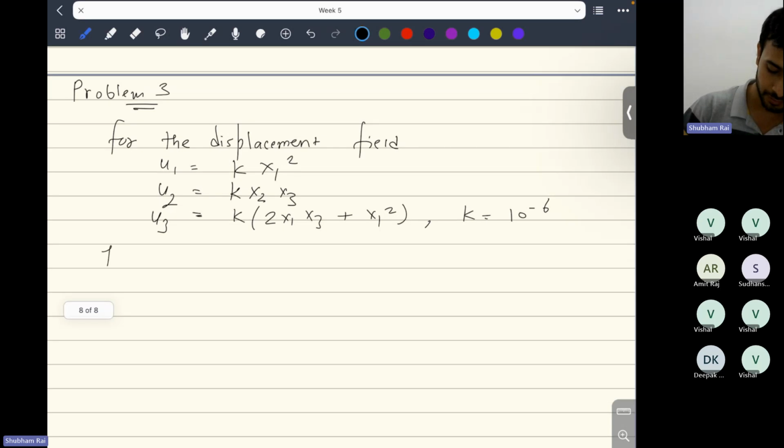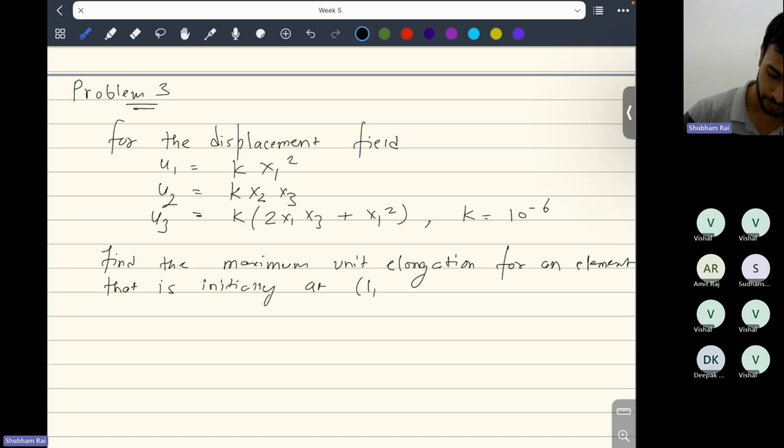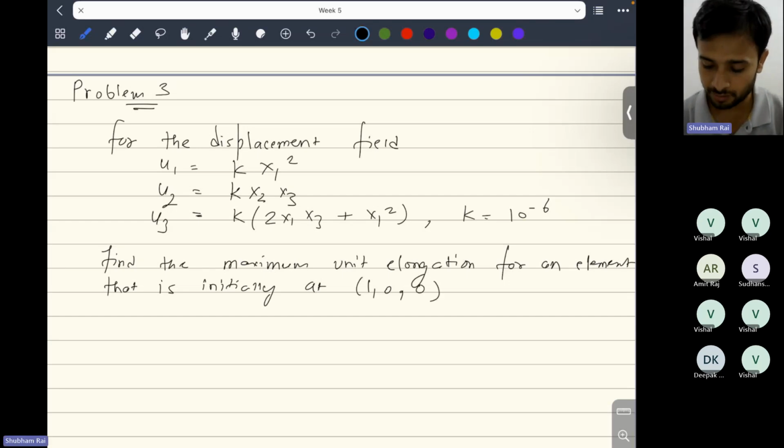So what you have to do is find the maximum unit elongation for an element that is initially at (1,0,0). The initial point is given to you, and you have been asked to find the maximum unit elongation for an element that is initially at (1,0,0).